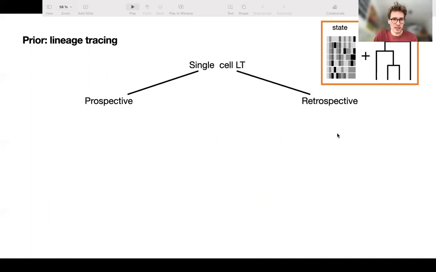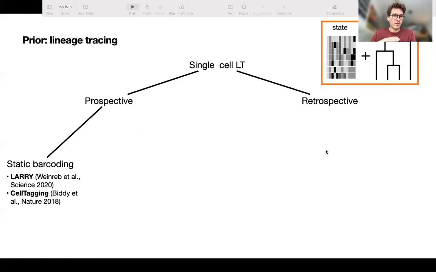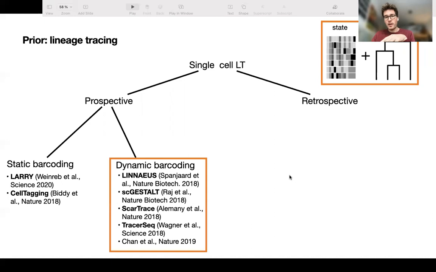In single cell lineage tracing, there are prospective approaches where you engineer your barcodes into the cell, and there are retrospective approaches where you just make use of naturally occurring barcodes, so mutations. For prospective, these can be static, so the barcodes don't change once you have introduced them, or they can be dynamic.